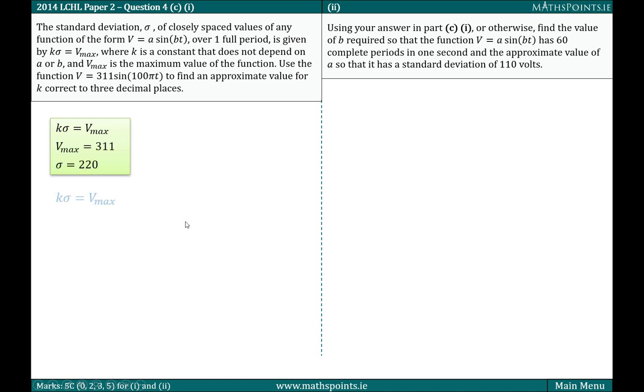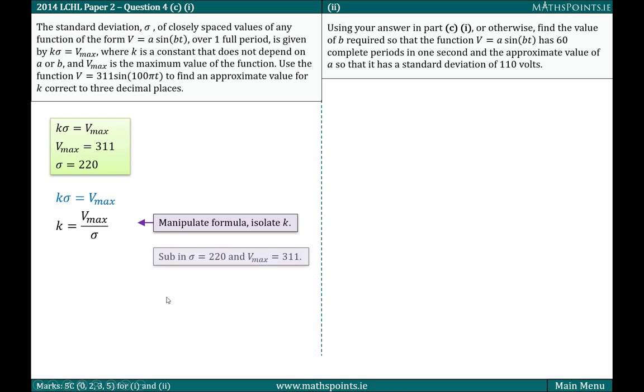Okay, so just to show that answer again, I manipulated the formula at the start. I said, well, the constant is going to be the maximum voltage divided by our standard deviation, and we get 1.414. Now we're going to use this result to find the formula V equals A sine Bt. So we're going to find the A and B for which there are 60 complete periods in 1 second. Now remember, in our example, there were 50 complete periods in 1 second.